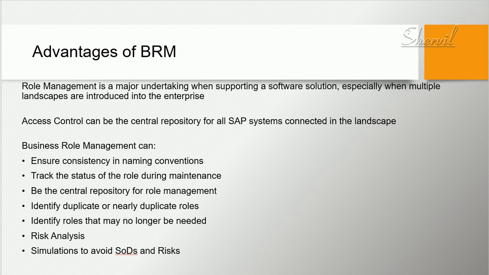And if any single step is unknowingly missed in this manual process, it might lead to additional overhead from the troubleshooting view. So it's advisable that you implement BRM before you implement ARM.